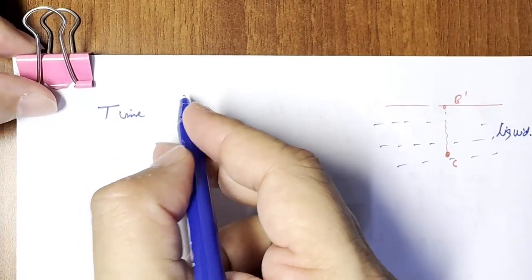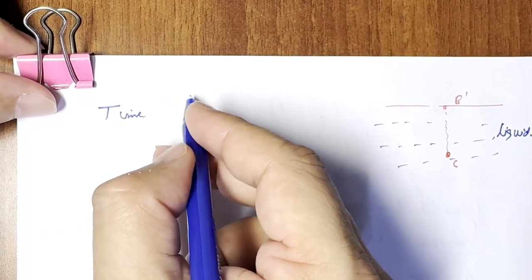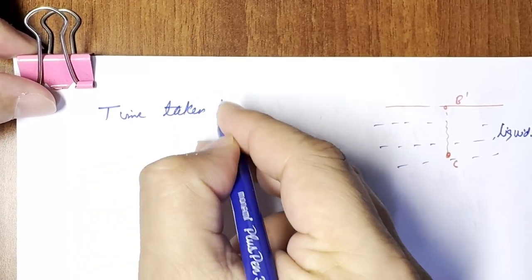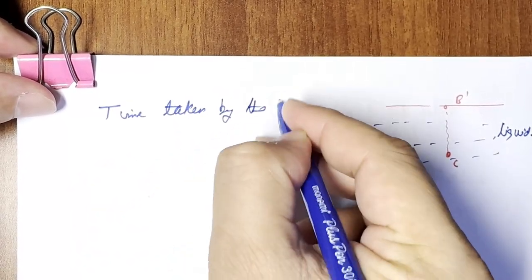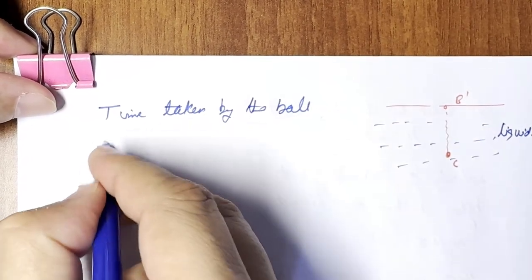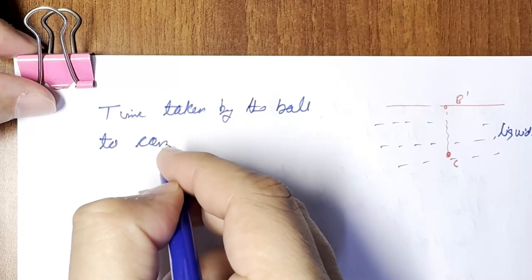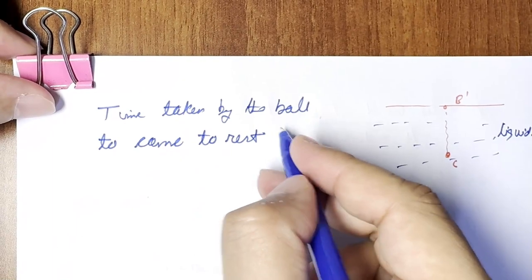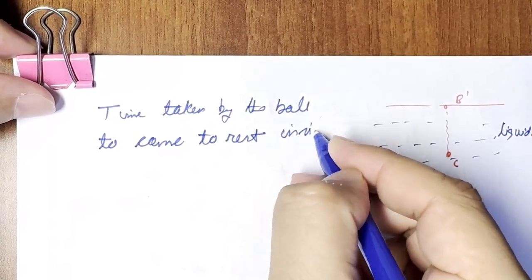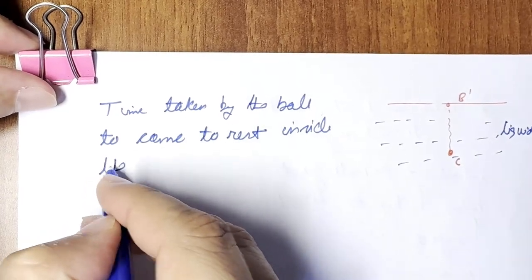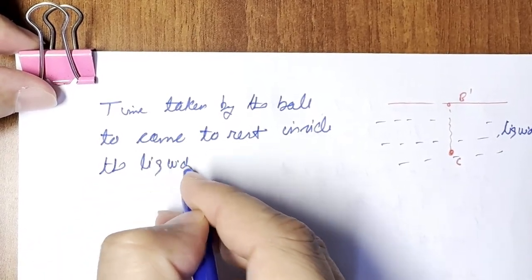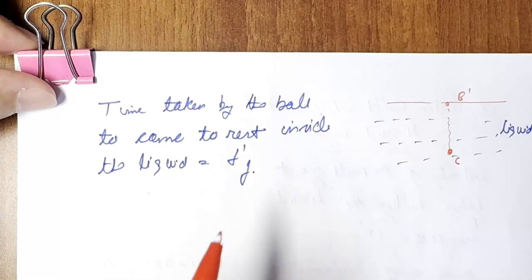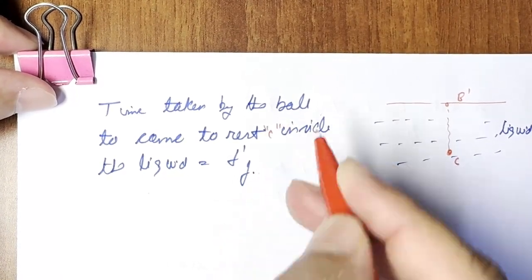We say the time taken by the ball to come to rest inside the liquid, let us call that T prime F. Come to rest means at point C.